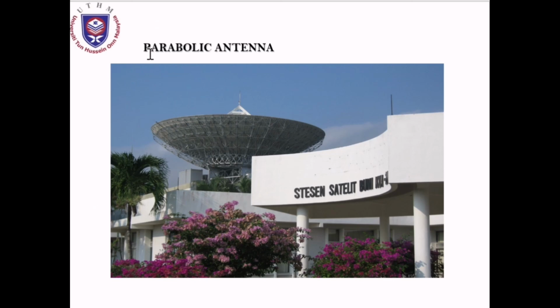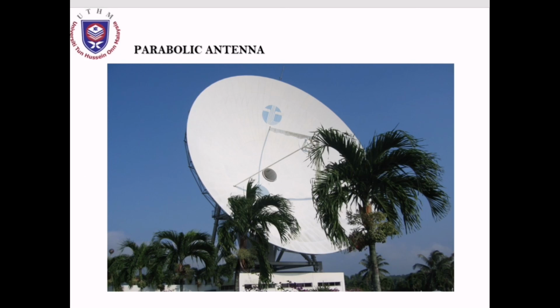This is another example of a parabolic antenna, a big one, used to communicate with the satellite in the sky. Similar for this example, this is a parabolic antenna.